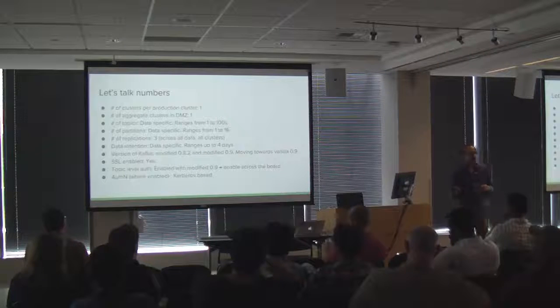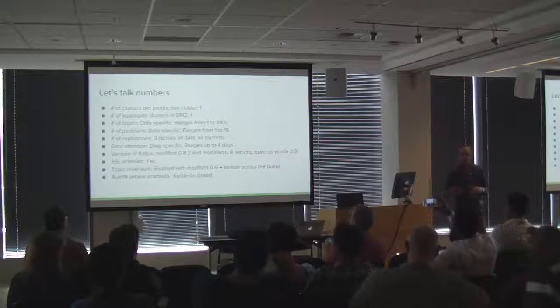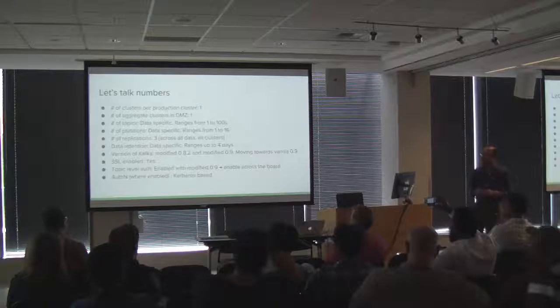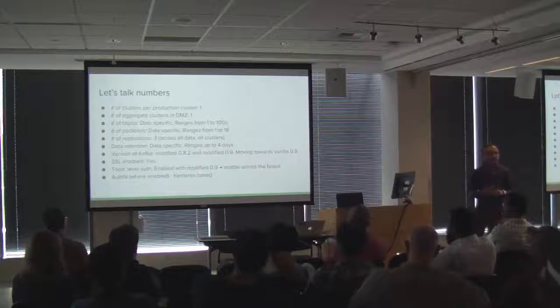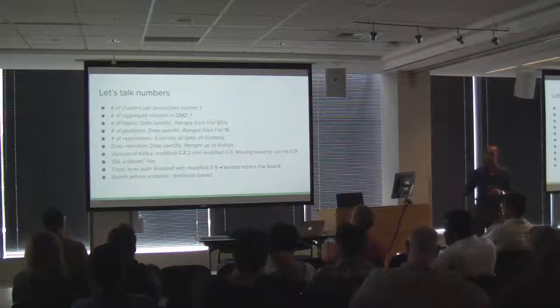In certain other scenarios where we want to segregate data based upon customer, we may have hundreds of topics. Number of partitions depends on how we want to consume data. Today it ranges from 1 to 16, depending upon the throughput of the data for a given data type and how much parallelism we want out of that.